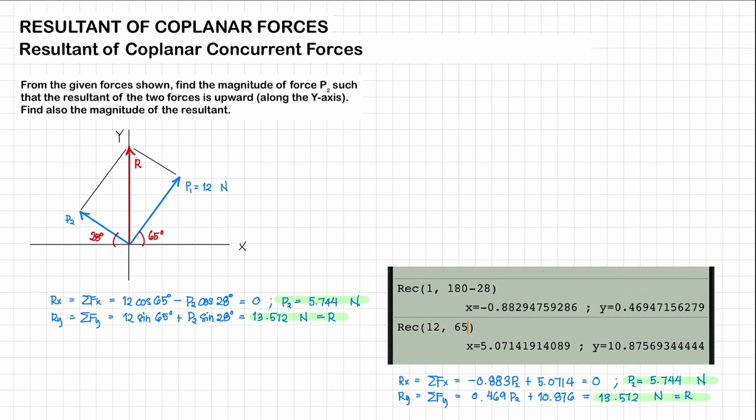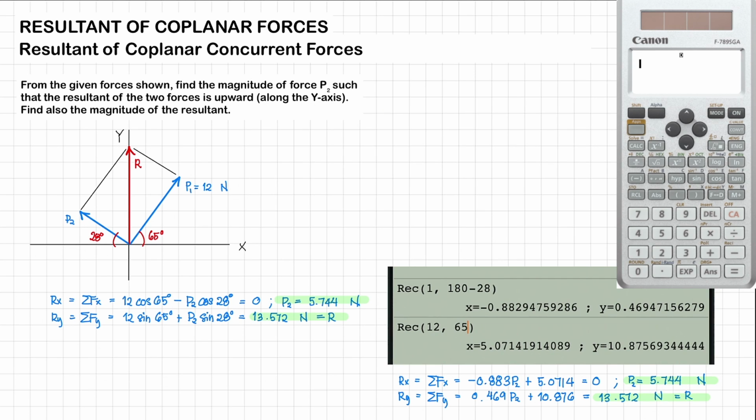So if you want to use your calculator techniques for this problem, we could use your stat mode and solve for the components of our forces. So let me bring up our calculator. There you go. So for our calculator, if we want to use our stat mode, you go to mode and then click 3 for the stat mode and then just CA.